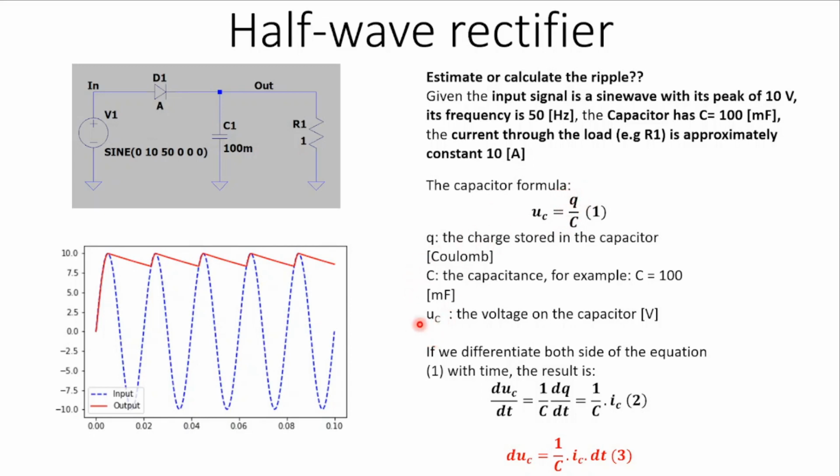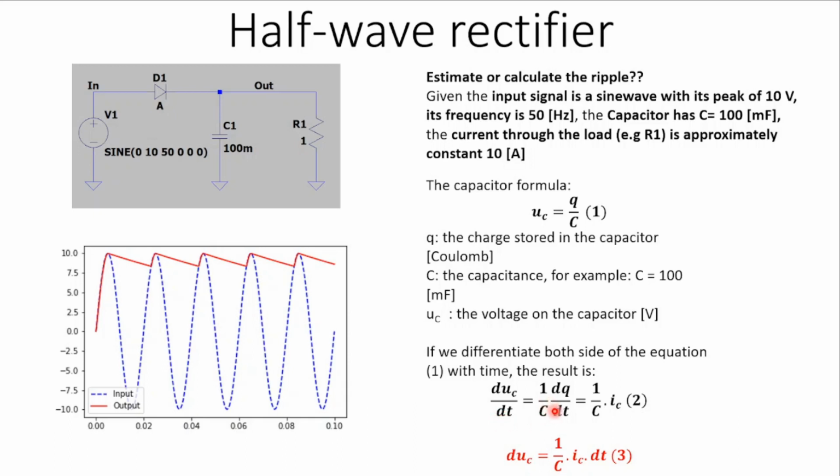If we differentiate both sides of this equation with respect to time, we can obtain the second equation. And in this second equation, let's have a little bit of explanation.